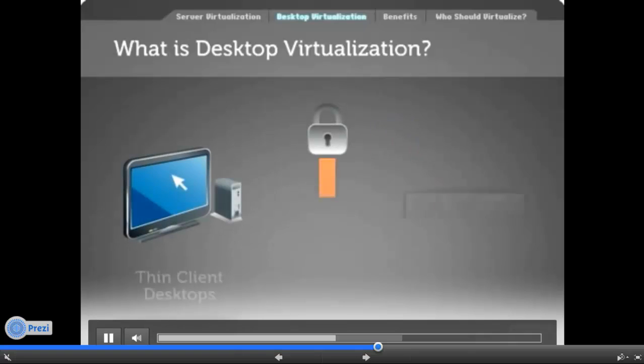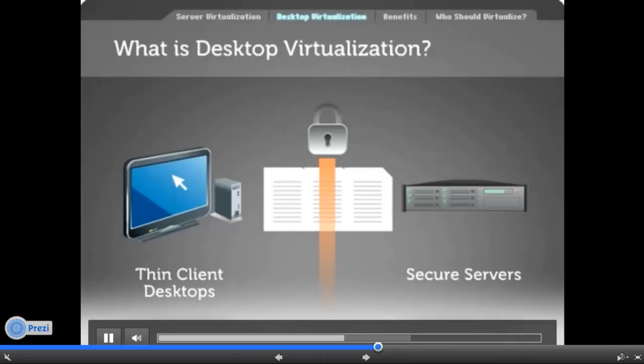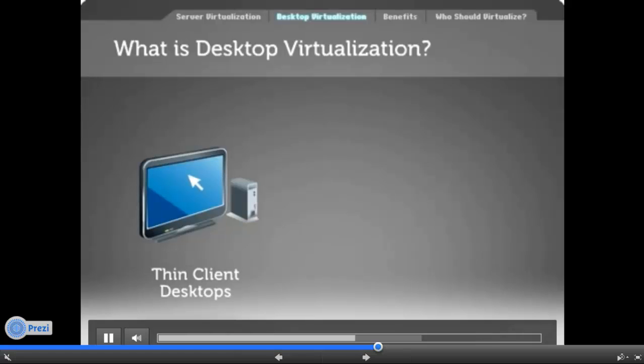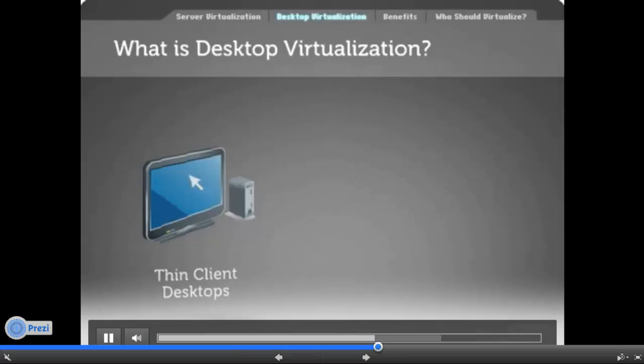Data security is also enhanced in the desktop virtualization environments, as personal and sensitive data is not stored on the thin clients or endpoints, but is stored in the security of the data center where the servers reside. Thin clients give users the same abilities they've always had without having to worry about PC maintenance, individual software updates, or having their hard drives crash. On top of that, they're more efficient than PCs and consume 1/16 of the energy.